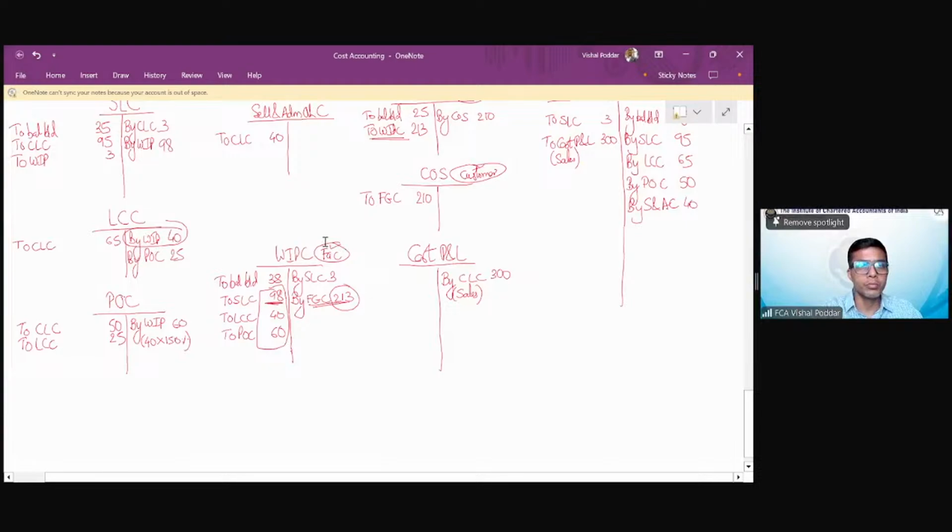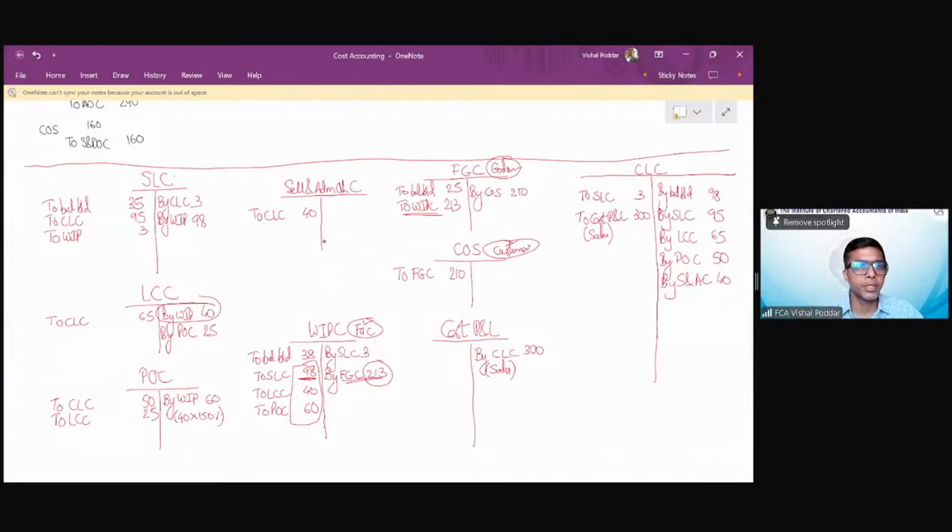Now, I will be doing the balancing, starting with material first. I had opening, I made purchases, I sent it to production, the production returned it, I returned it to my supplier. All these regular transactions are being posted. Now I have my closing balance, balance carried down.